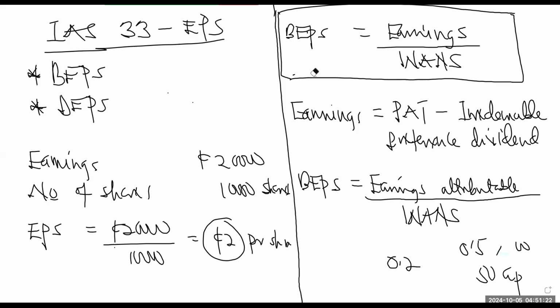Let's get into business and do this. Earnings per share is calculated on a yearly basis and is based on the contribution that the shares have made to the profit. Let's take this example.